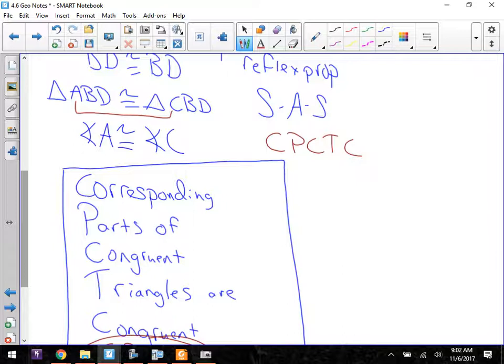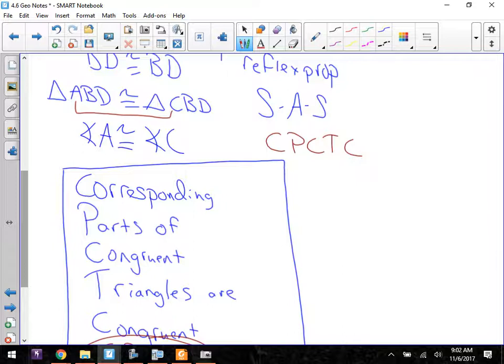I remember that very first lesson we did, we had to match up all the corresponding sides and all the corresponding angles, and things were congruent. All of these things, SAS, SSS, these are all shortcuts. We didn't have to prove all three angles and all three sides.